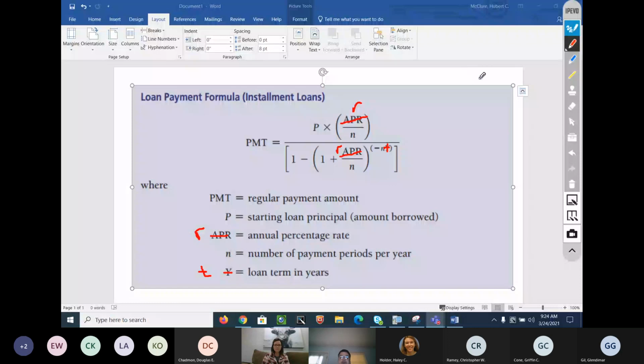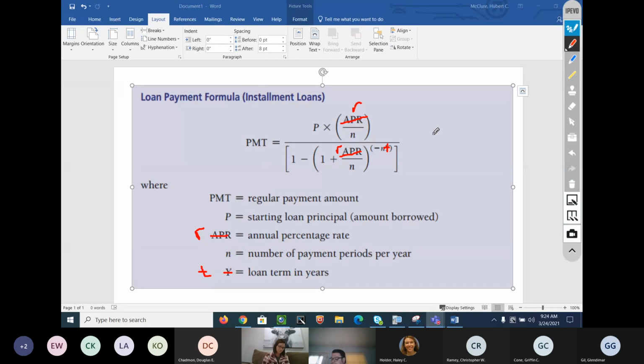So I'm going to write mine out. P, payment, your monthly payment is equal to P times R over N over 1 minus.